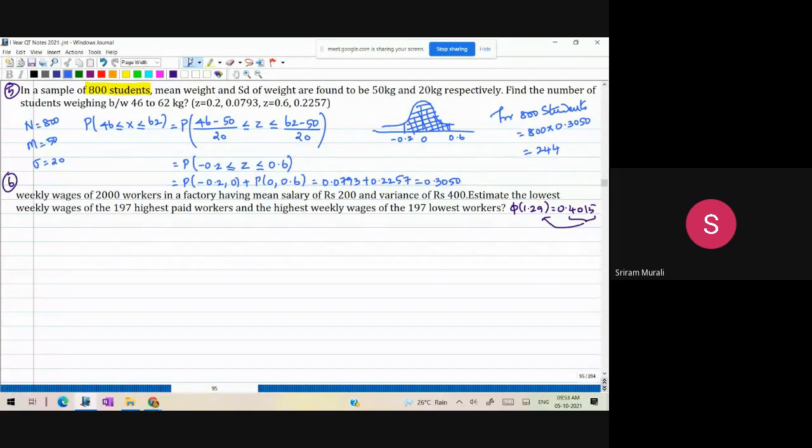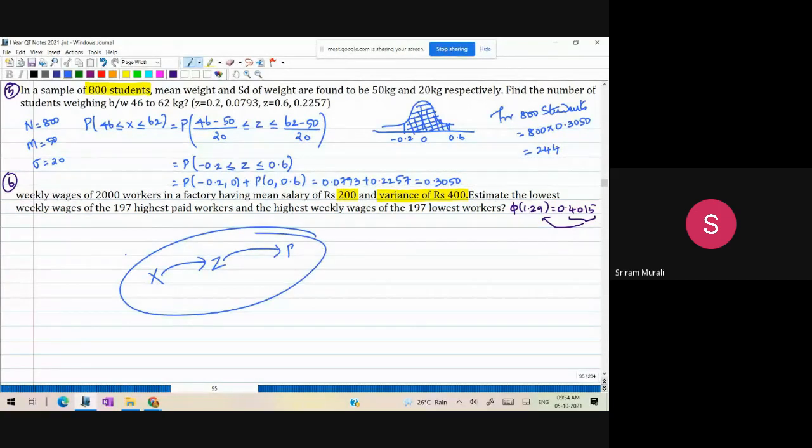Question number 6. Weekly wages of 2000 workers in a factory with the mean salary. So mean salary is given. Variance is given. We want to convert to SD, that is 20. So far, we have discussed for the given X how to convert to Z, how to convert Z to probability.